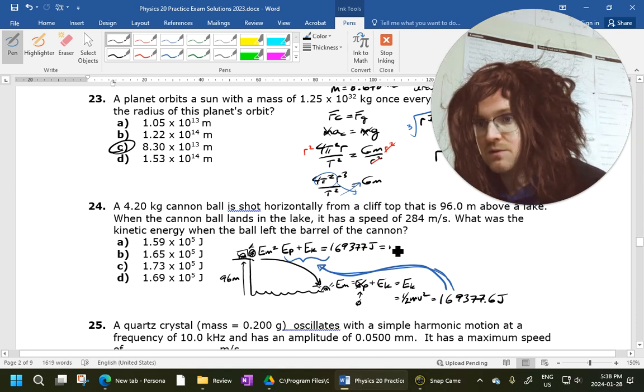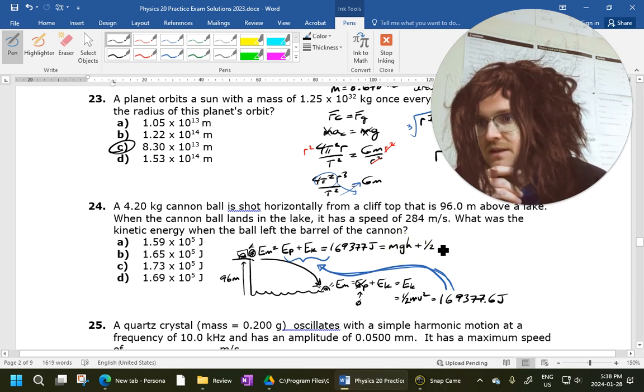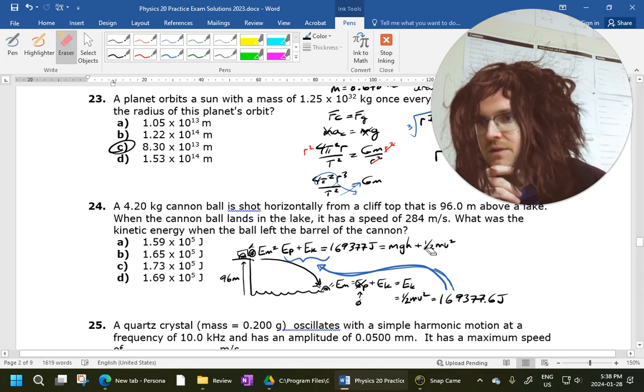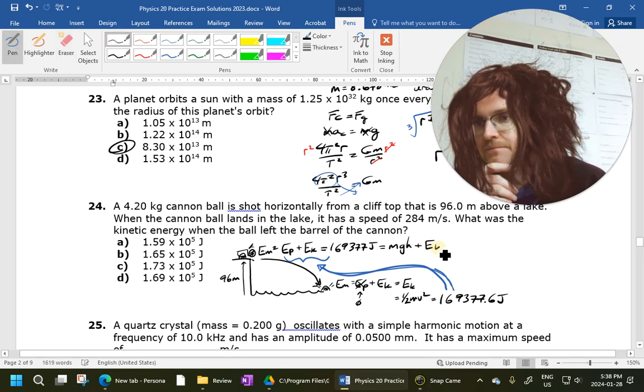So we've got EP, which is mgh, and the 1/2 mv squared, right? In this case, we don't have to find the speed. Maybe one of the questions would be find how fast it's moving, but we just have to find out what that EK is.